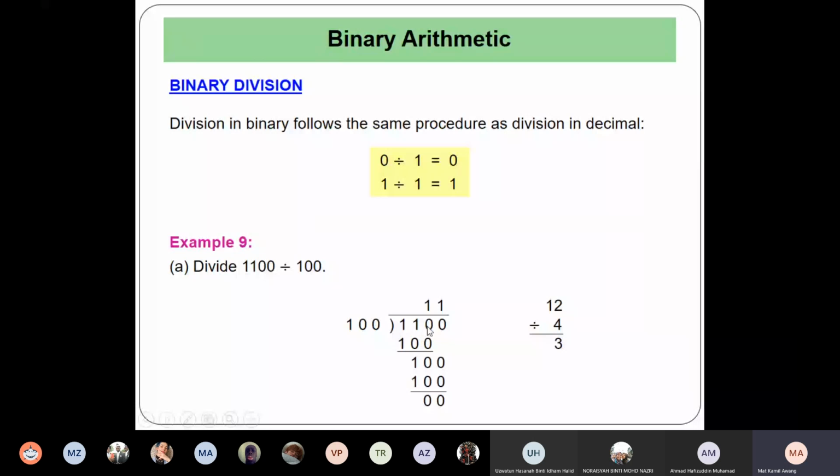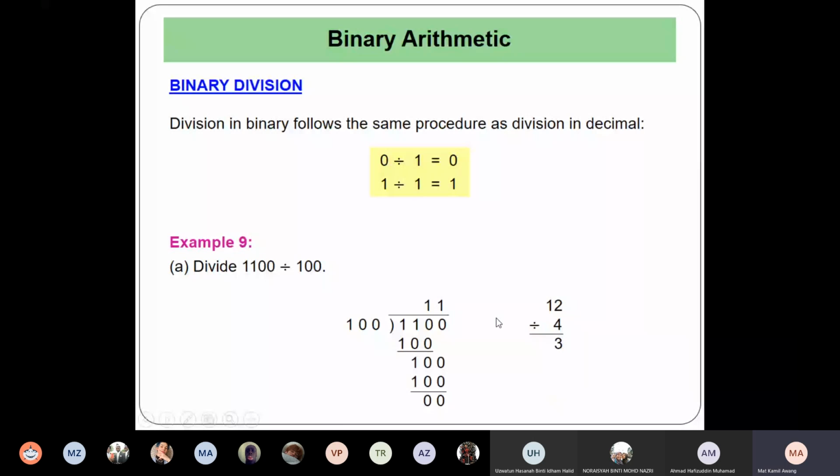You subtract 110 minus 100, so you get 010. So the last 0 here. So you have 100 divided by 100. You get 1, with a remainder of 0, 0. So the answer is 1, 1.